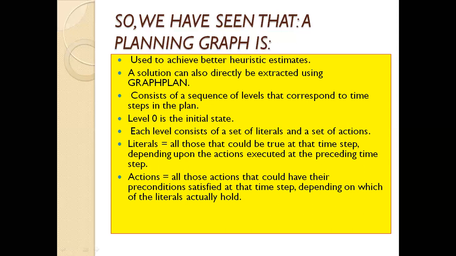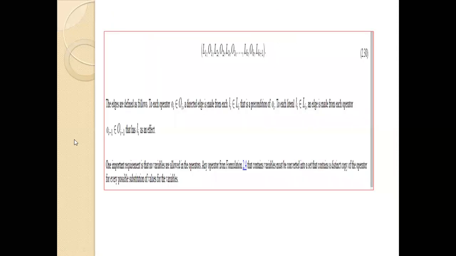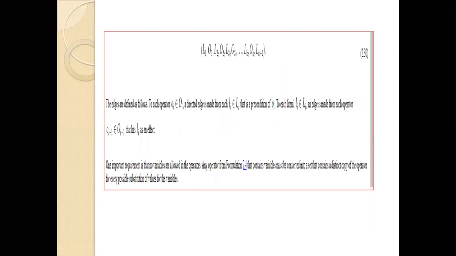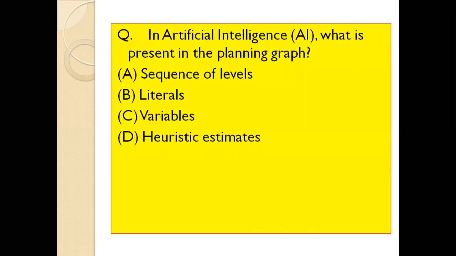Now I suppose that this planning graph is clear to you. What does it contain and how is it actually formed? So you got it, planning graph is one kind of layered graph that contains literals and actions or operations. Now let's come to the question.